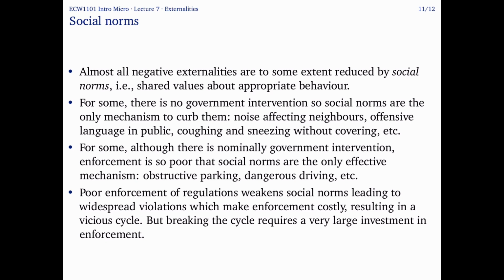And as I said, even in those cases where there is government intervention, there is a regulation, if the government intervention is so poor, then social norms are basically the thing that is driving things. Given the effective level of enforcement of traffic rules here in Malaysia, everybody could drive like a madman and not get caught, okay?